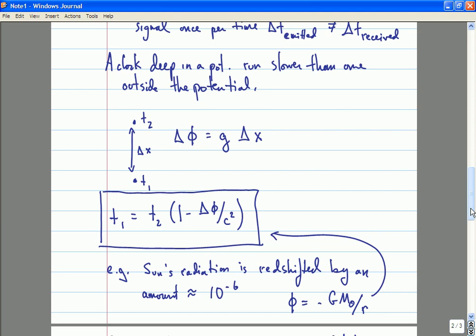But here, we're not using the word relativity in the same sense. Here, there's an absolute notion of which clock is slower and which clock is faster. You take the ratio of the rate at which these two clocks are ticking. It's some number that's not equal to 1.